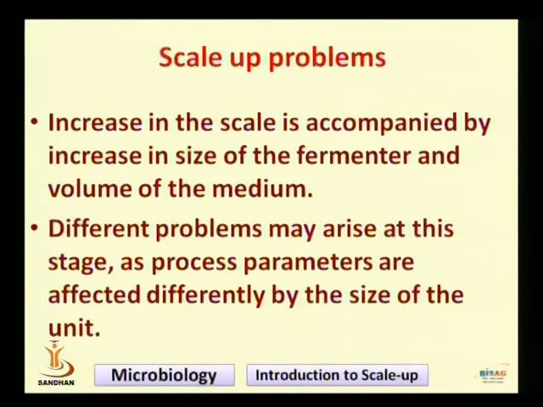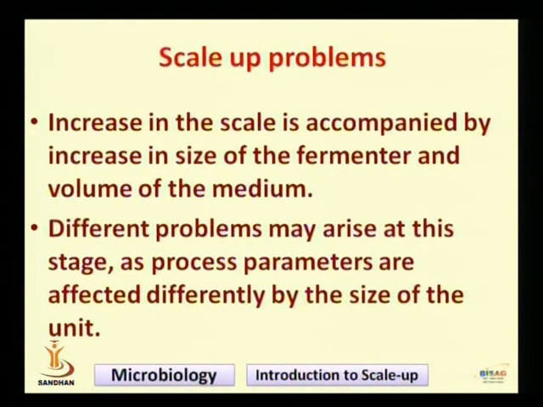Because of this increase in the size and volume of the medium and the size of the fermenter, different problems may arise at this stage, and this is because, as you know, all the individual fermentation processes have their own standard parameters to be employed.